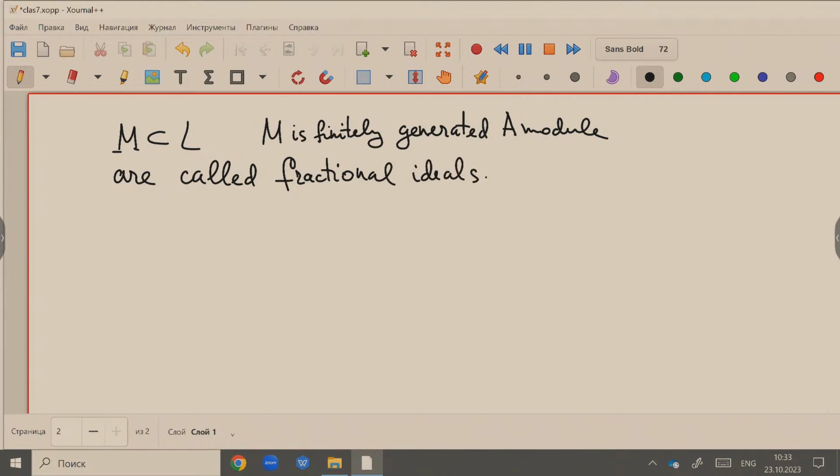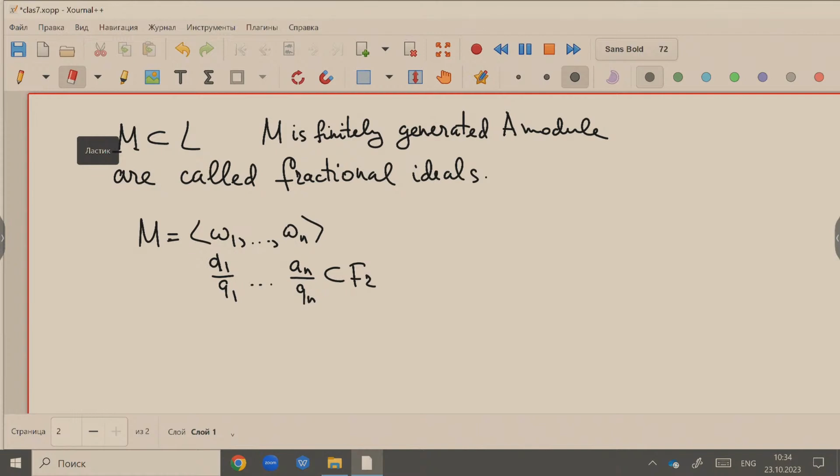And the reason is the following. If you have M and it is generated by some collection of elements, it is written as a1 divided by q1, ..., an divided by qn.